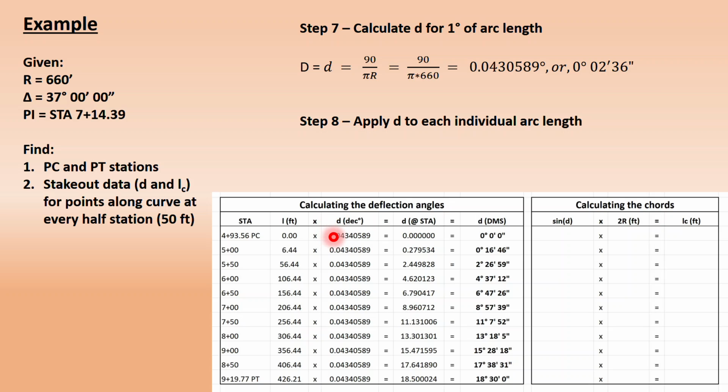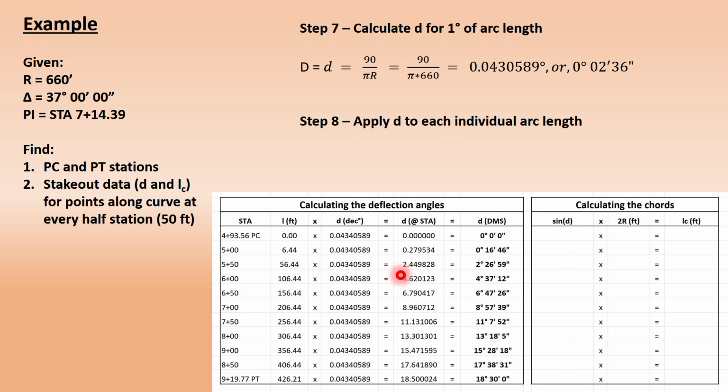Your little d deflection angle is the same all the way down there. And if you multiply that by your arc length from the PC, that gives you your total deflection angle to establish each one of these stations.